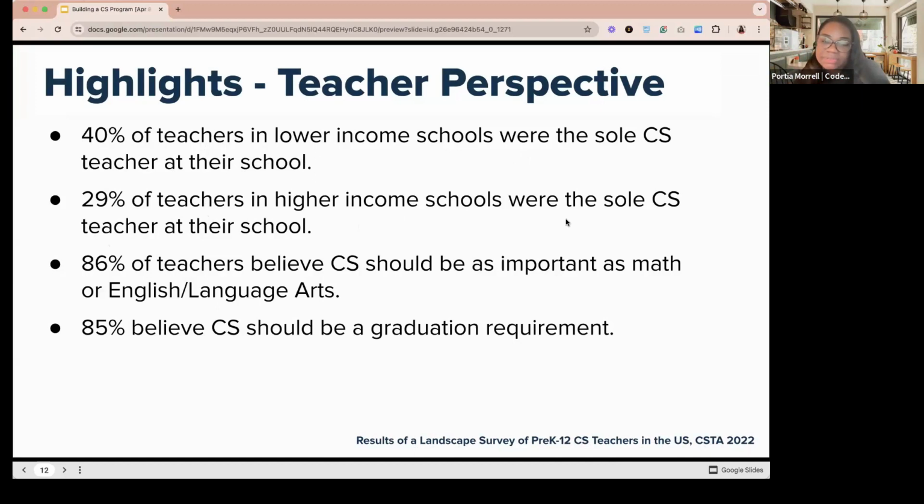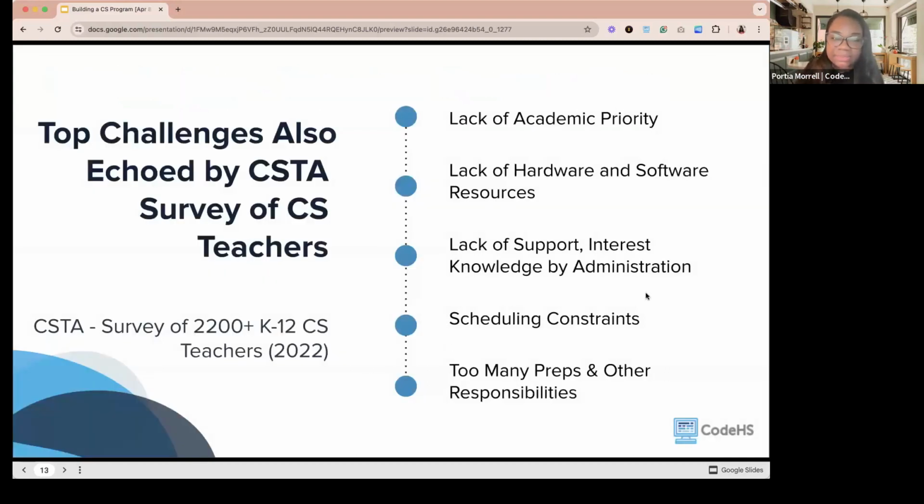86% of teachers believe CS is as important as math or ELA, and 85% believe that CS should be a graduation requirement, which is on a state level. And then here are some top challenges mentioned from that survey from CSTA, and these are teachers giving these challenges.